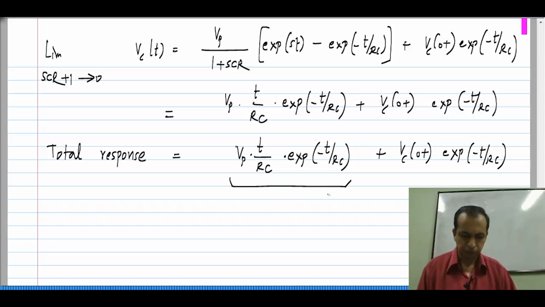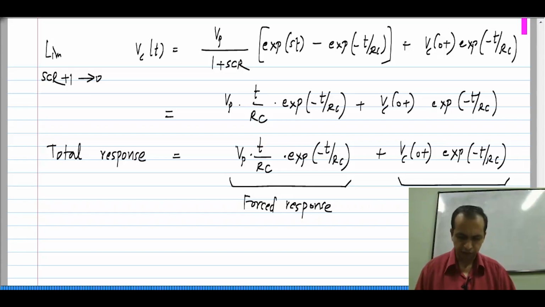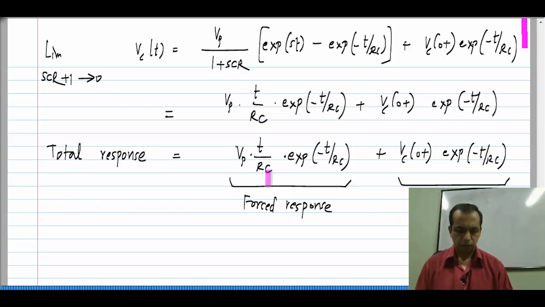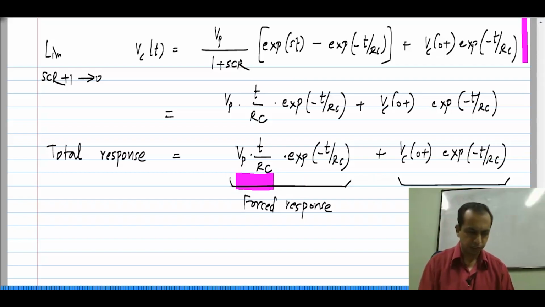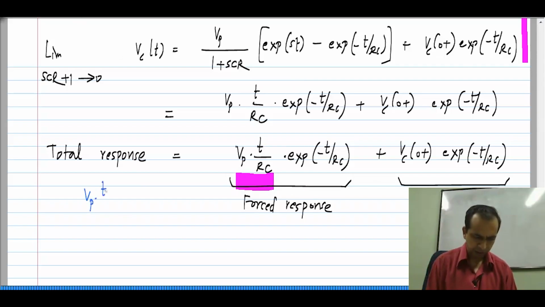This is the forced response, and this is the natural response. So, one thing you can observe is that the coefficient here of the forced response is Vp times T by Rc.